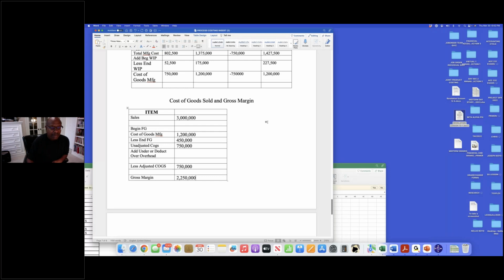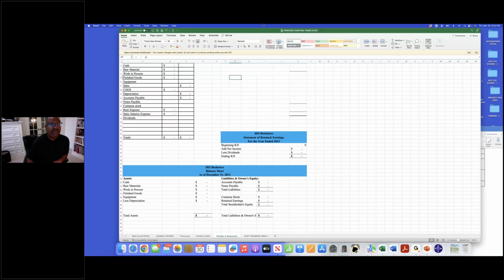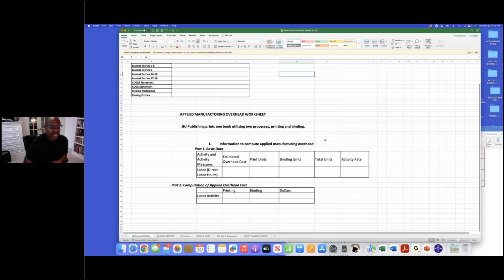Now, for your problem, you got this Excel spreadsheet in there, and you got your responsible team member and everything. Everybody doesn't have to worry about this part, but some of the problems have this in it.